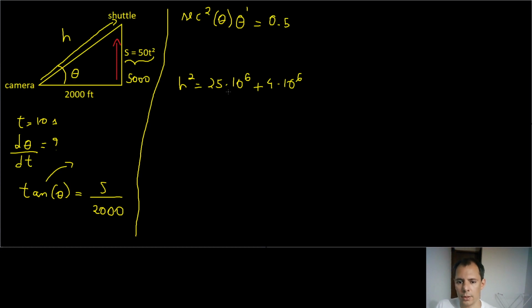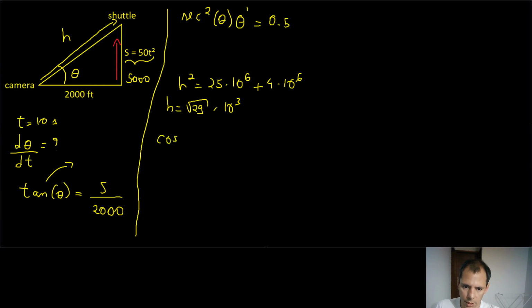It's 5,000 squared. That'll be 25 times 10 to the 6 plus 2,000 squared. That'll be 4 times 10 to the 6. So h equals the square root of 29 times 10 to the third. Okay? All right. So now you have the hypotenuse. What is going to be the cosine?